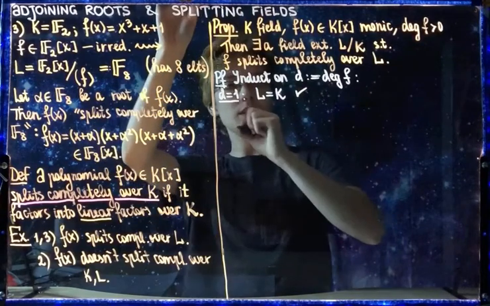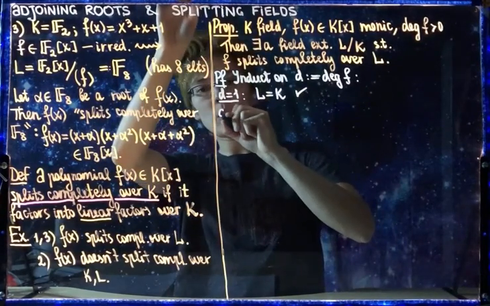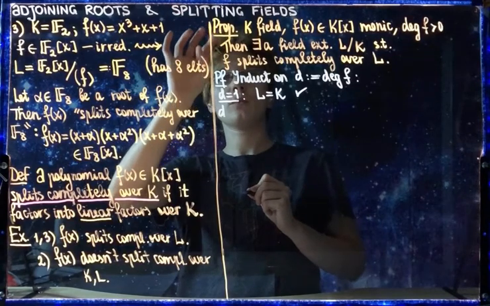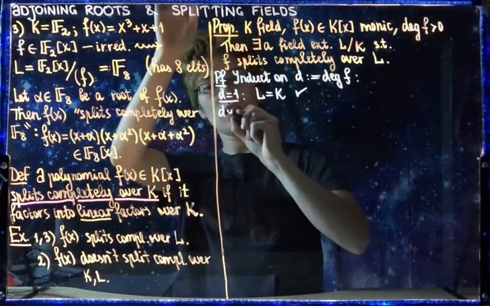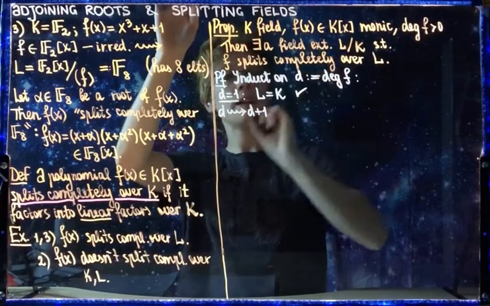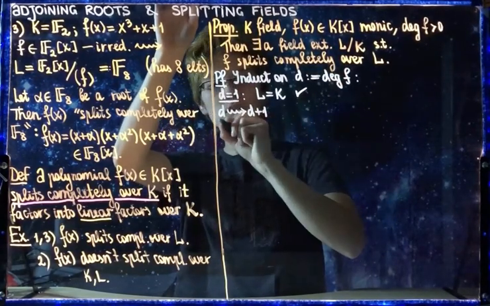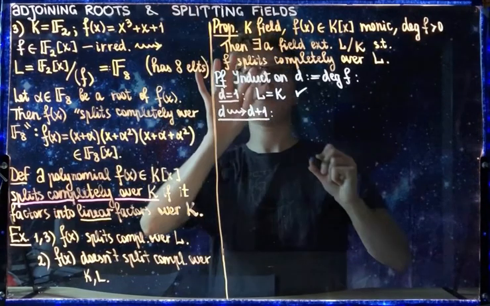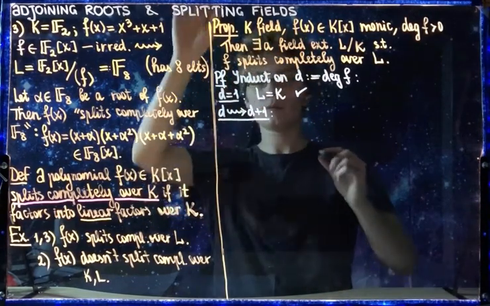So in this case it holds. Now assume that we know the proposition for all degree d polynomials, and we want to assume that the degree of f is equal to d plus 1, and prove that we can find a field where f splits completely.